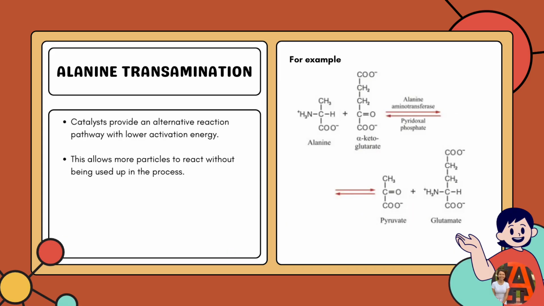Alanine transamination is a reversible process in which the amino group from alanine is transferred to the alpha carbon of alpha ketoglutarate, giving us the products pyruvate and glutamate.